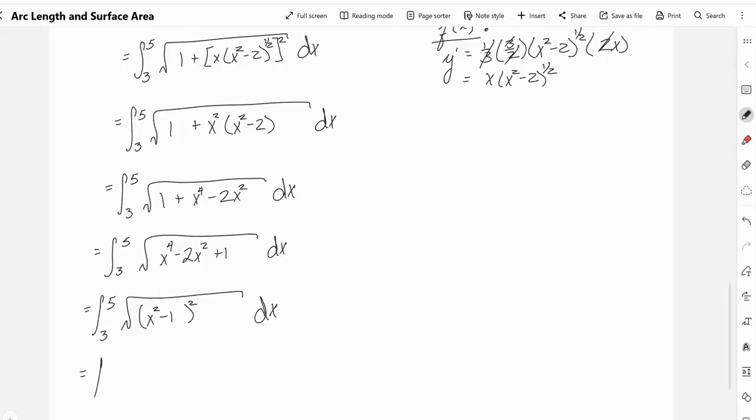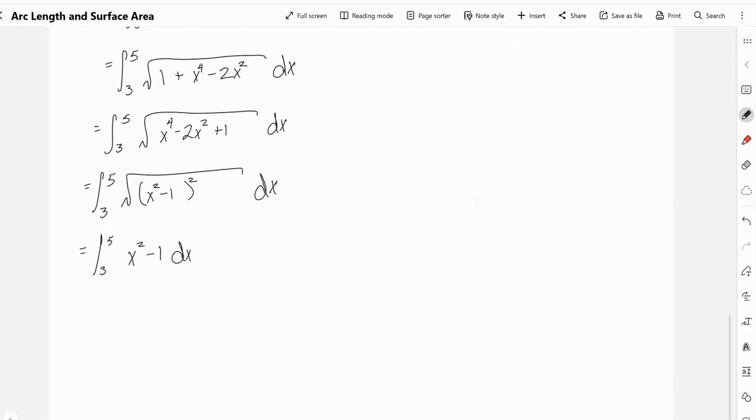And if I square a square root, again, I'm left with just that radicand, x squared minus 1. And then now let's integrate. So we're going to have x cubed over 3 minus x, going from 3 to 5.